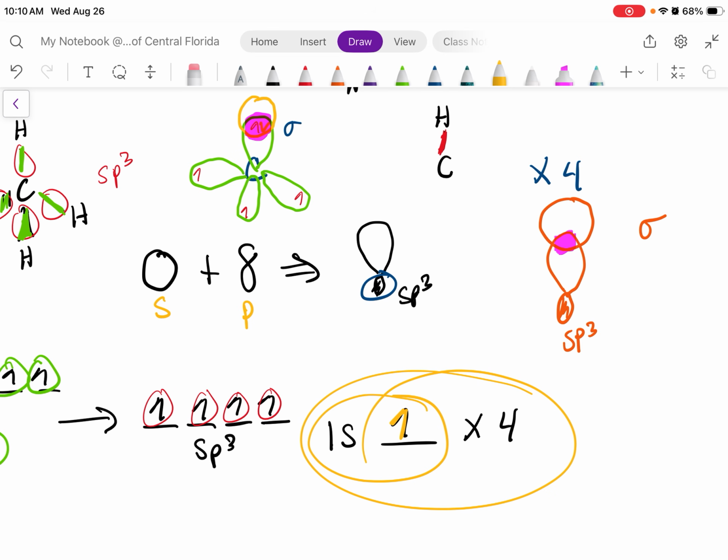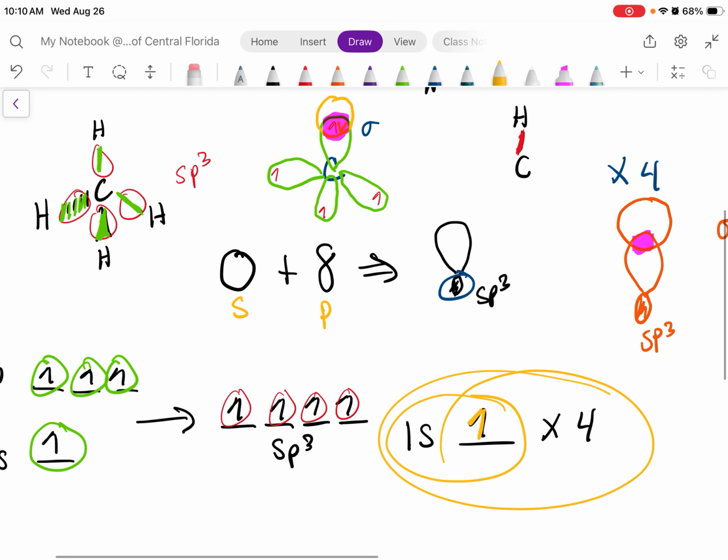And so what we have for methane is we have 3 more of these that we have to account for. So I've already accounted for this hydrogen and this bond. And so that bond right here that's shown in green is what's shown in the pink overlap right there. So now we just have to bring in the other 3 hydrogens.